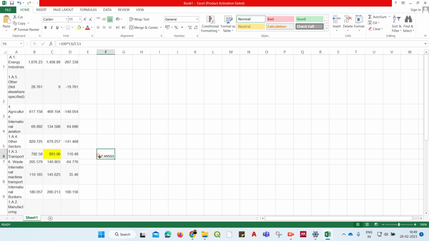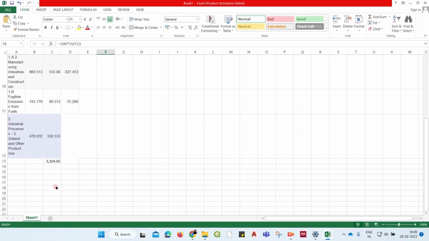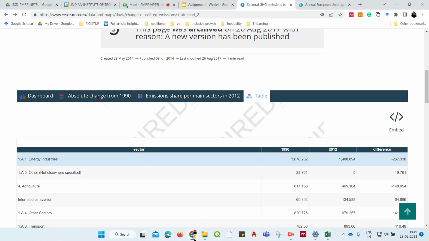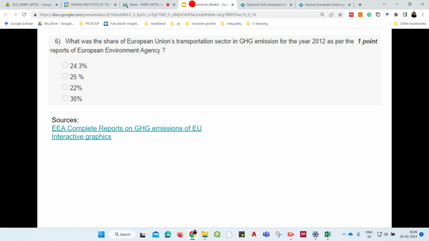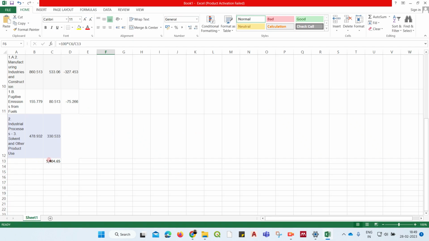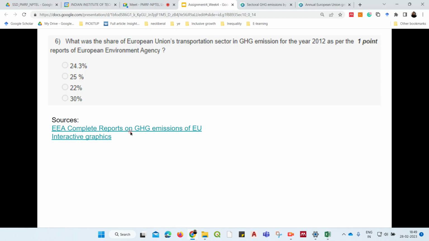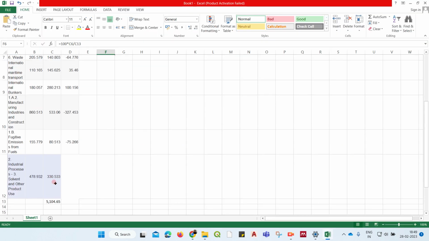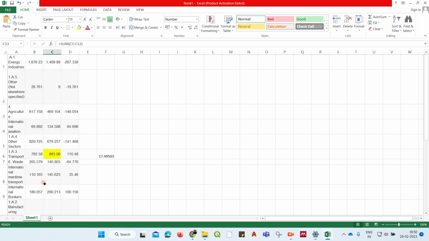It's around 17.49. So let's see our options again. So our options do not match. So I must have made an error. I remember calculating it earlier and the answer was coming somewhere around 24.3. So I must have made some mistake in copying and pasting or adding somewhere.